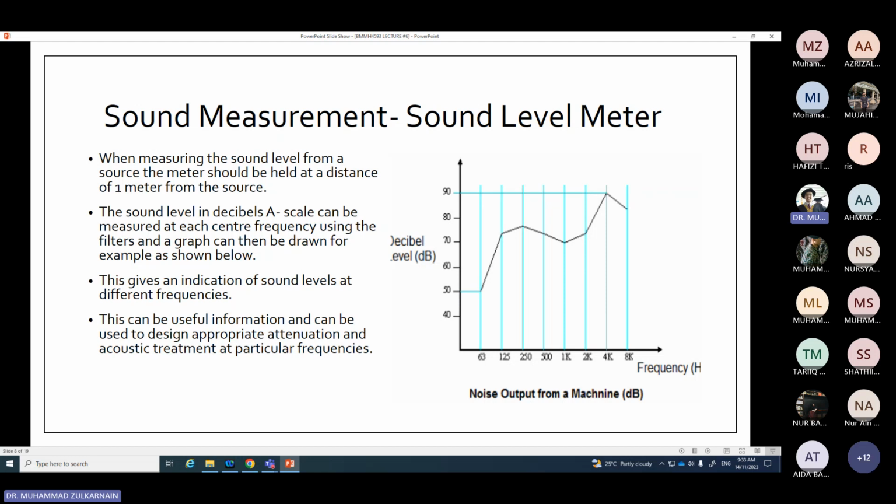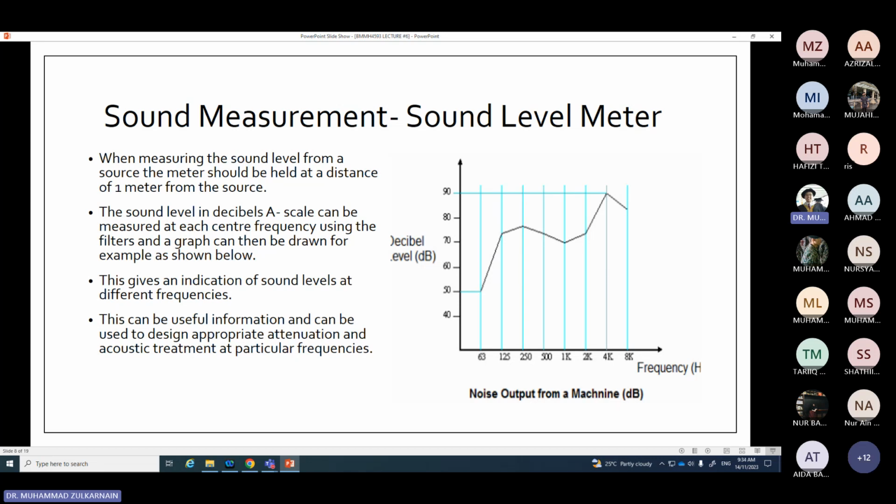If we compare to this frequency, we will play like the human ear condition. If the human hearing range is from this to this frequency, the measurement should be played like normal human hearing. This gives an indication of sound level at different frequencies. This can be useful information to design appropriate attenuation and acoustic treatment at particular frequencies.